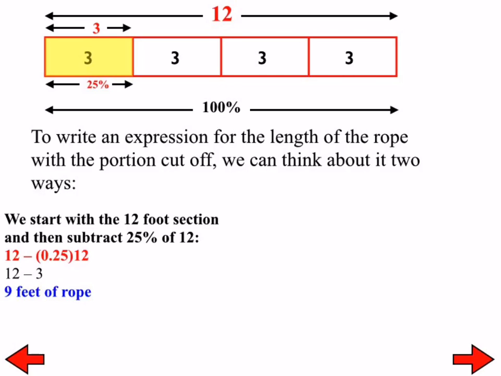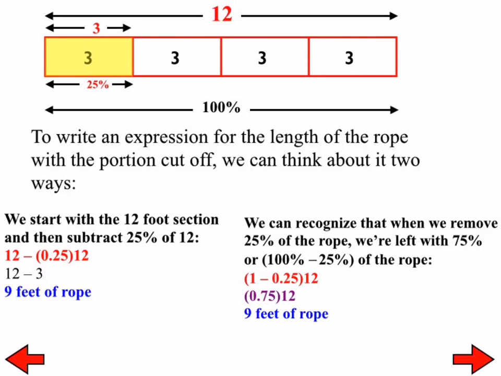So the expression in red there, that's the expression that would give us the answer, thinking of it this way. 12, taking away from that 25% of the 12. So let me say that one more time. The 12 feet of rope, and taking away from that 25% of the 12. Because that's really what we did. That would give us 12 minus 3, which is 9. So that's one numeric expression.